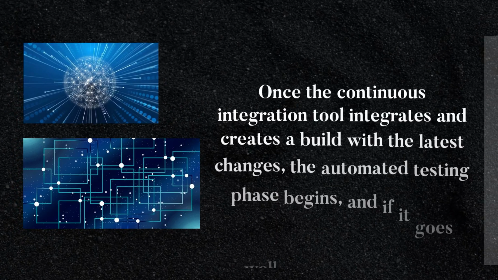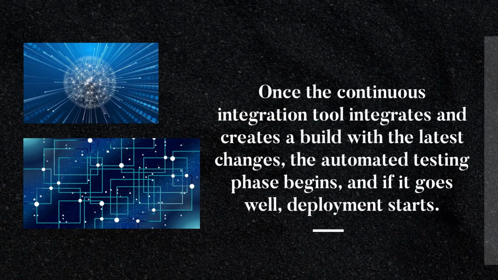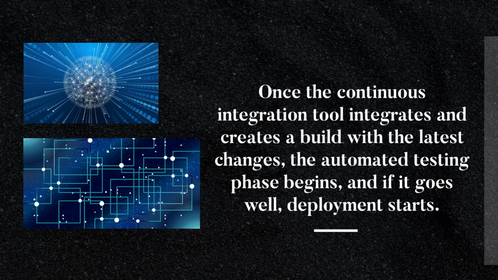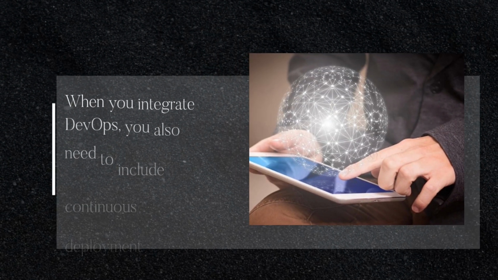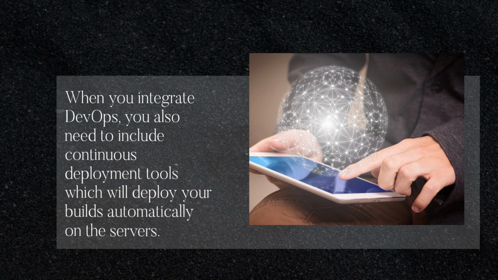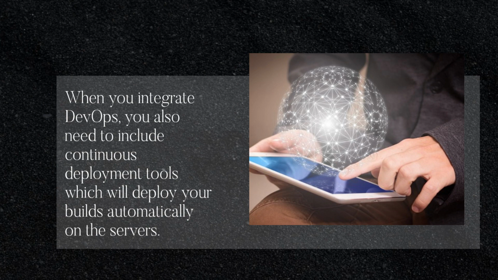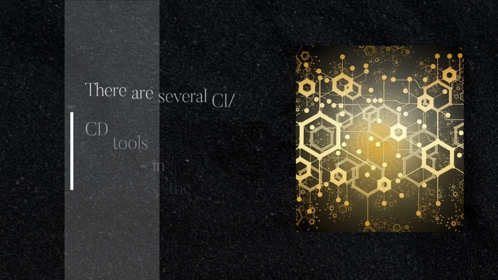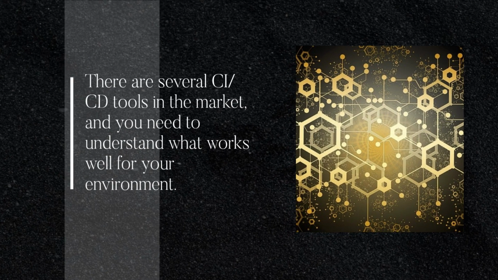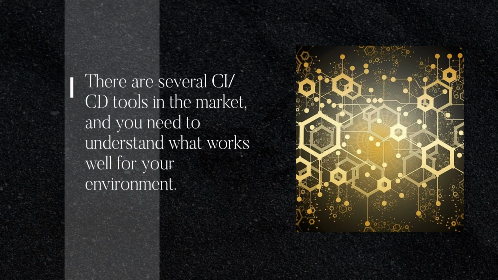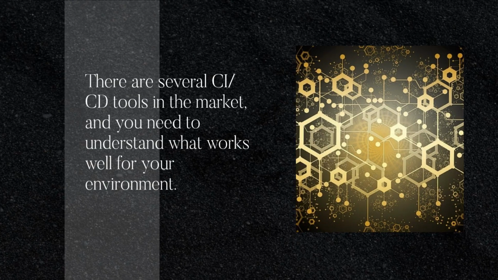Once the continuous integration tool integrates and creates a build with the latest changes, the automated testing phase begins, and if it goes well, deployment starts. When you integrate DevOps, you also need to include continuous deployment tools which will deploy your builds automatically on the servers. There are several CI/CD tools in the market, and you need to understand what works well for your environment.